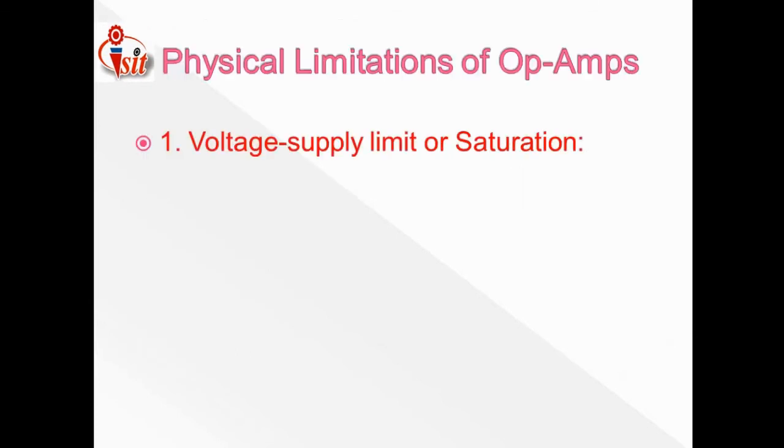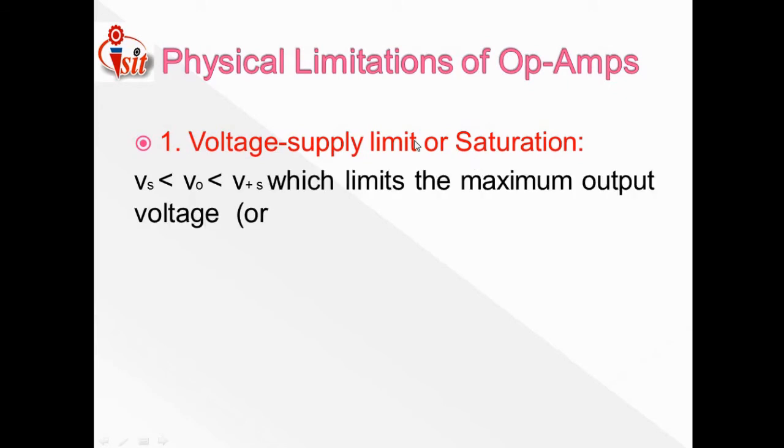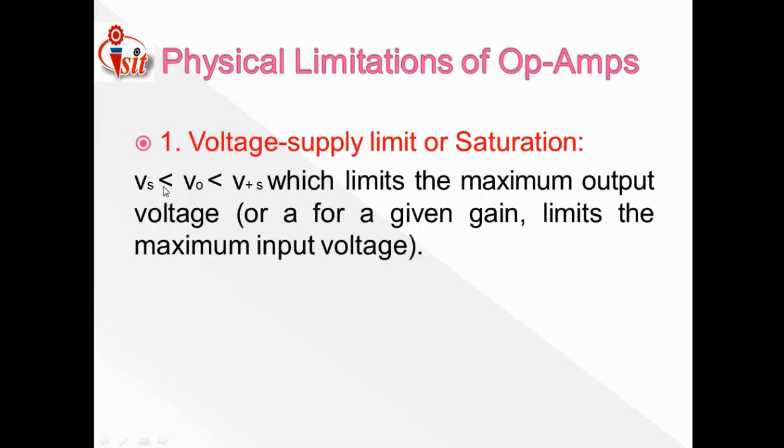Along with this, there are some physical limitations related to the op-amp. What are the physical limitations while connecting the op-amp or designing that operational amplifier integrated circuit? Just see out of this. First one is the voltage supply limit, or saturation stage, which will occur in that op-amp. What is that? The output voltage should be less than the positive saturation, which limits the maximum output voltage, or for a given gain limits the maximum input voltage.